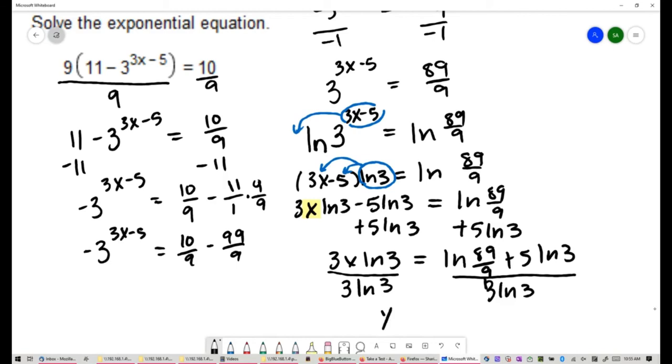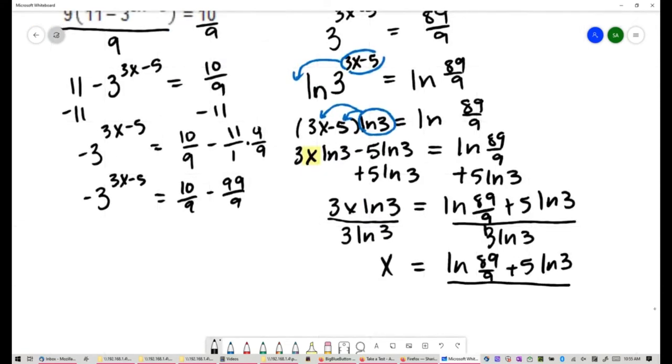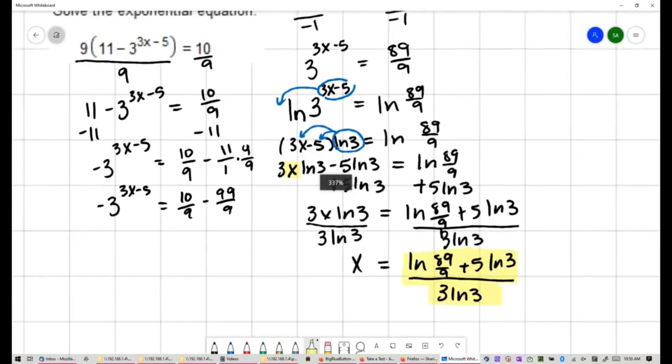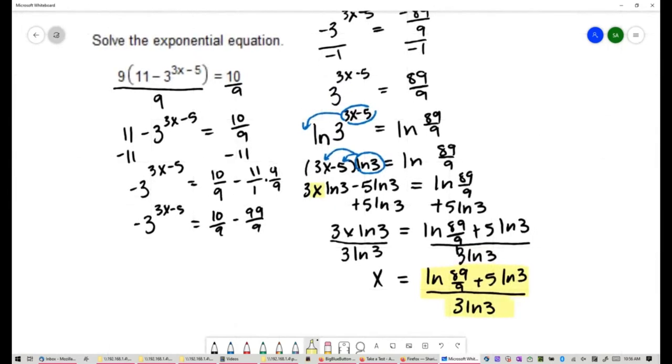I have x equals natural log of 89 over 9 plus 5 natural log of 3, divided by 3 natural log of 3. And this is the exact solution to our exponential equation. Let's zoom out so we can see the whole thing at once.